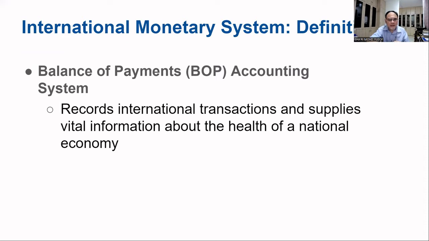Secondly, there is a system which is the balance of payments accounting system, which records international transactions and supplies information, which is not 100% accurate, but at least it gives some information about the condition of the national economy of any country in the world.